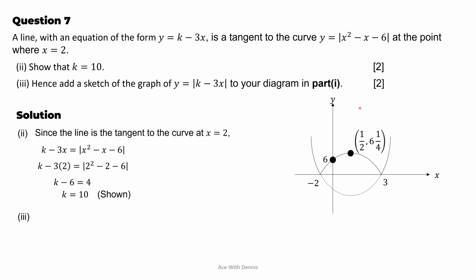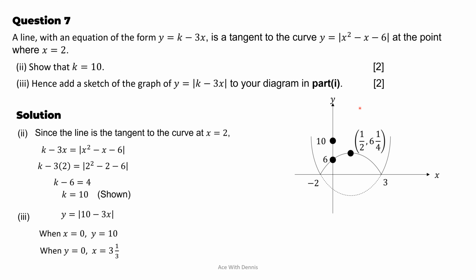Part 3. We can now sketch this linear graph with modulus function y equals modulus of 10 minus 3x. So, firstly, we want to find the y-intercept. When x equals 0, y equals 10. And next, we want to find the x-intercept, which is when y equals 0, x equals 3 and 1/3. And now we can plot these 2 points.